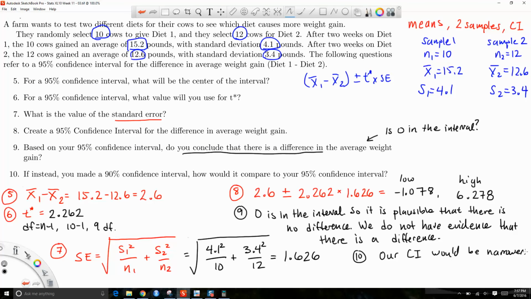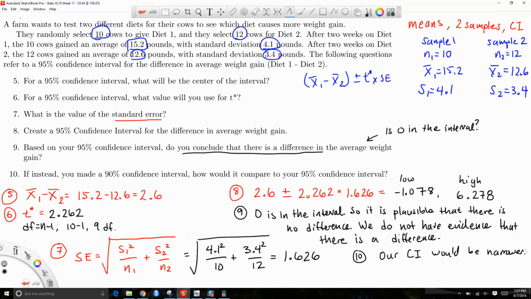If you want to be more confident that you've managed to capture this unknown value of the parameter, you have to cast a wider net. So you need a larger confidence interval. If you're willing to be less confident, you can have a smaller interval. Having a smaller interval is nicer because it gives you a more precise answer, but you're going to be less confident in that answer.